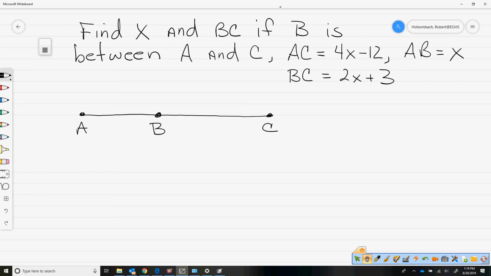A to B is x. B to C is 2x plus 3. And the whole piece, A to C, is 4x minus 12.